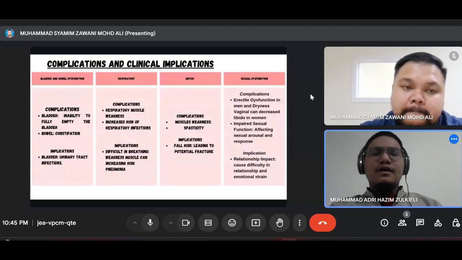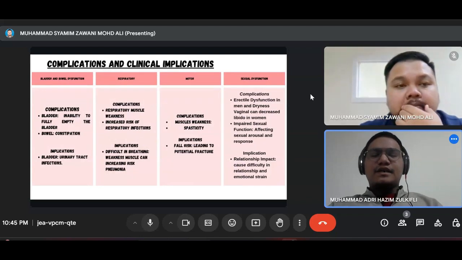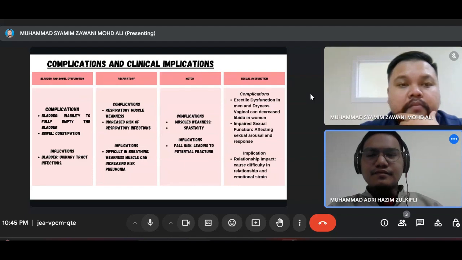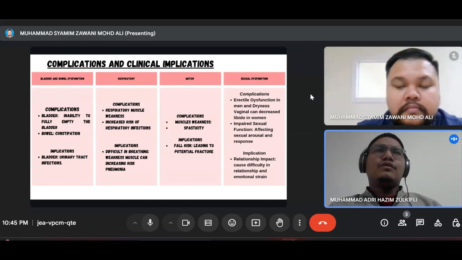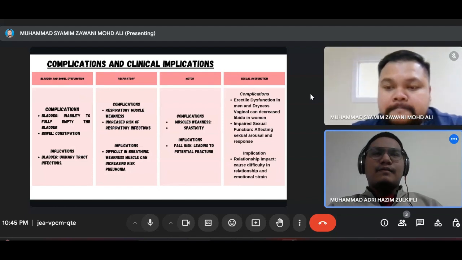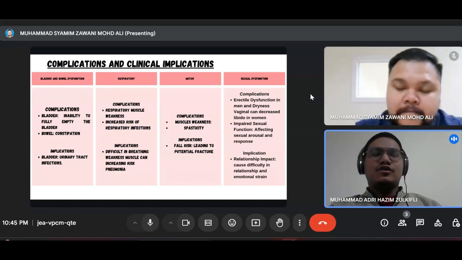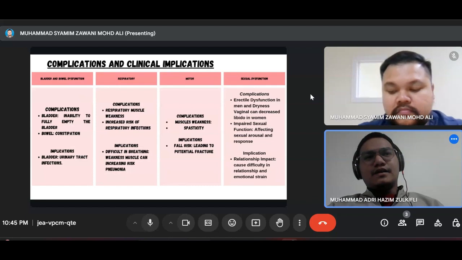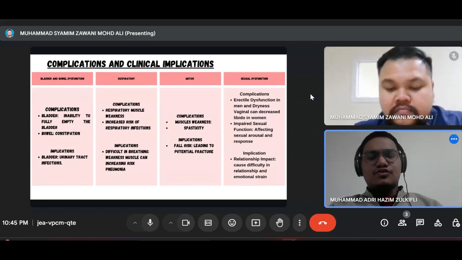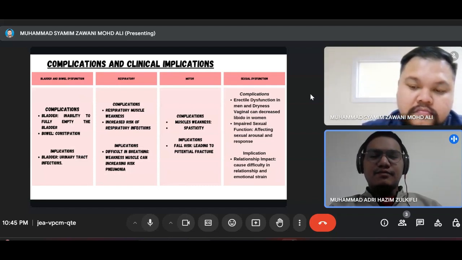Next, we are going to discuss the complications and clinical implications. Some of the complications that will happen are bladder and bowel dysfunction. As we know, multiple sclerosis is a corruption of the myelin sheath that cannot deliver the impulse through our system.